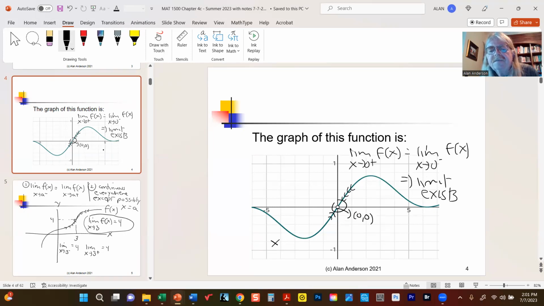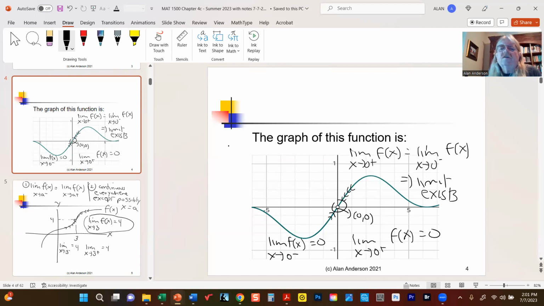So as x approaches 0 from the left, the limit is 0, and the limit as x approaches 0 from the right is also 0. So therefore, just from the graph, you can see that the two-sided limit is 0.